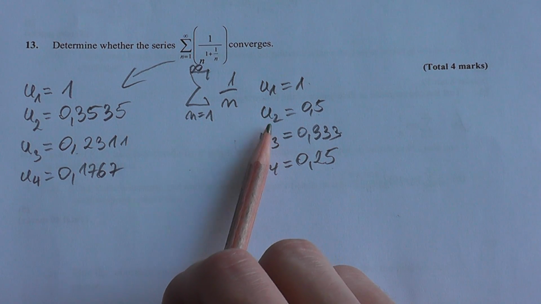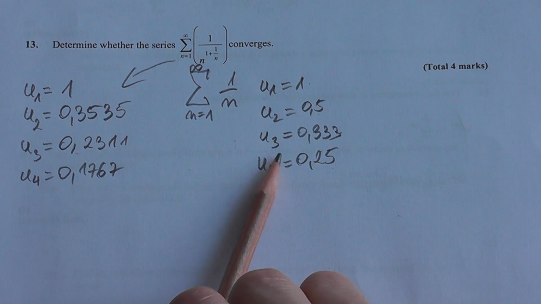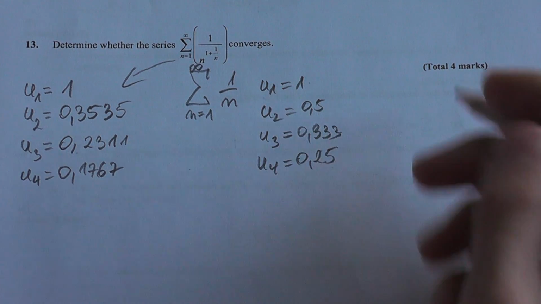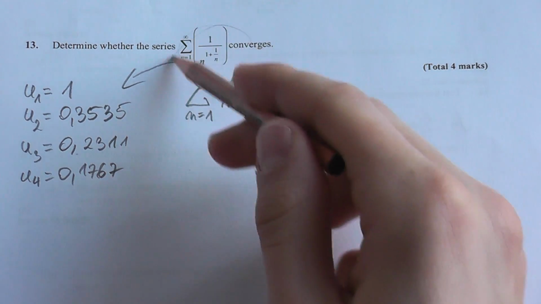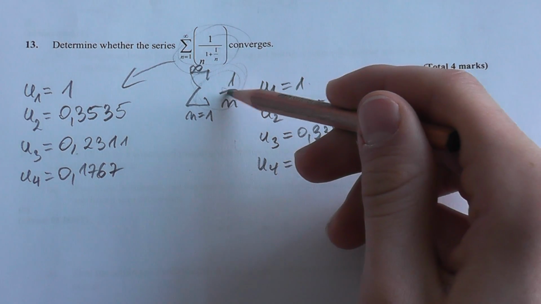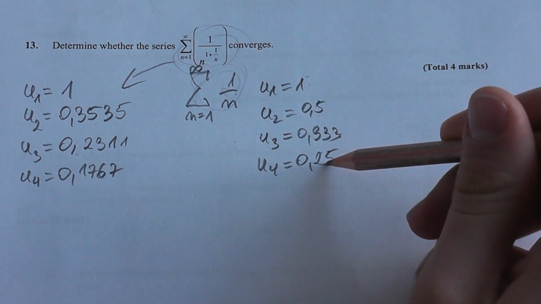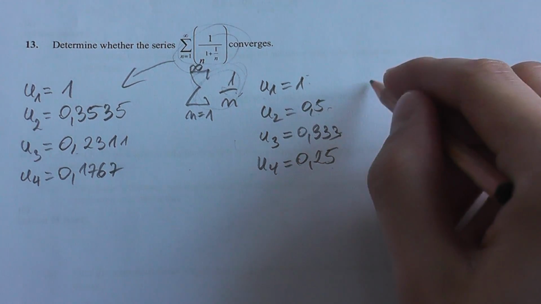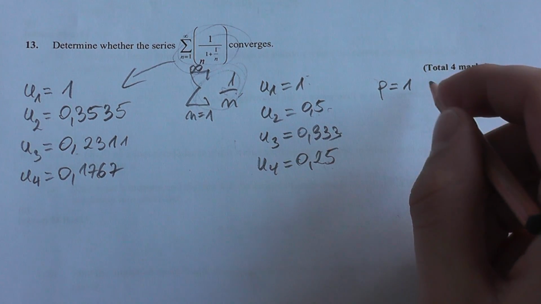Now this, unfortunately for us, is an issue, because the comparison test says if you have a series and you're comparing it to another one, and the one that you're comparing it to is divergent, and we know that the harmonic series by definition is divergent, because it's the p series where p is equal to 1.